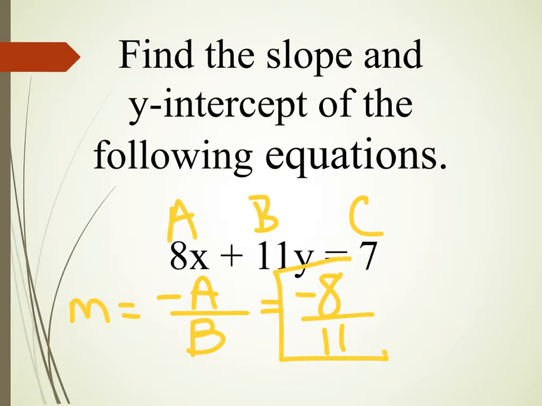And negative 8 over 11 is my slope. And we're done. That was a lot easier than getting y by itself.